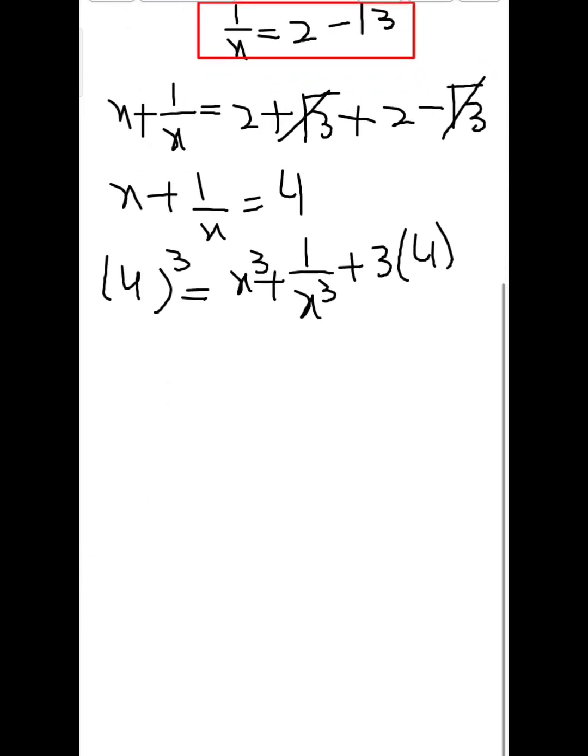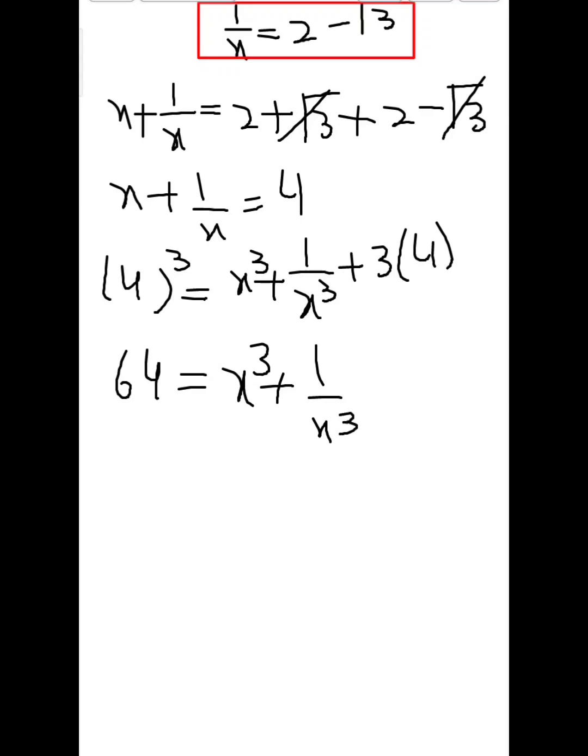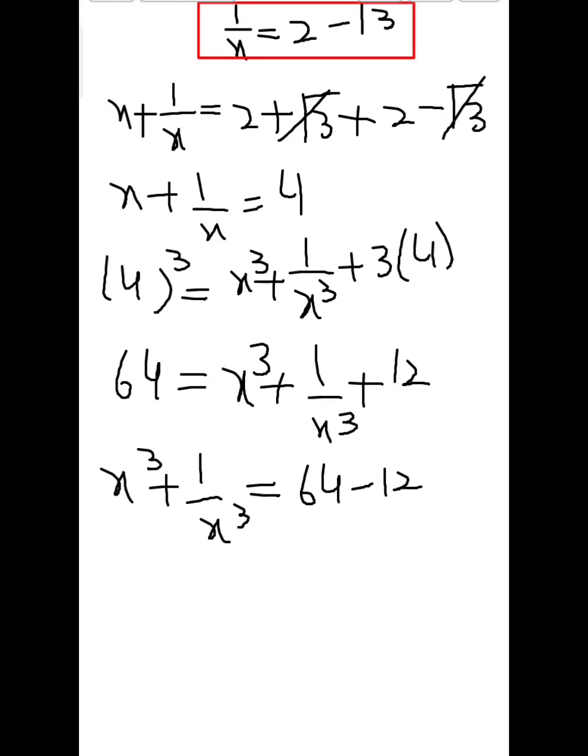It means 4 cubed becomes 64, which is equal to x cube plus 1 over x cube plus 3 times 4, meaning 12. x cube plus 1 over x cube is equal to 64 minus 12. x cube plus 1 over x cube is equal to 52. That's our final answer.